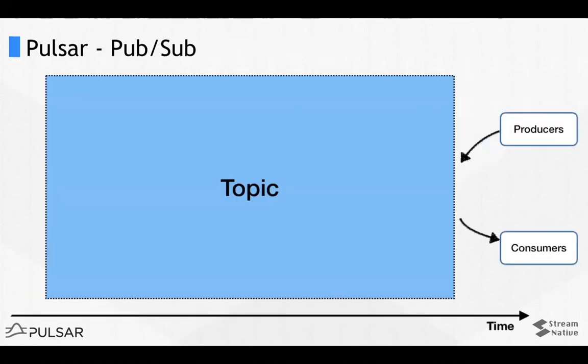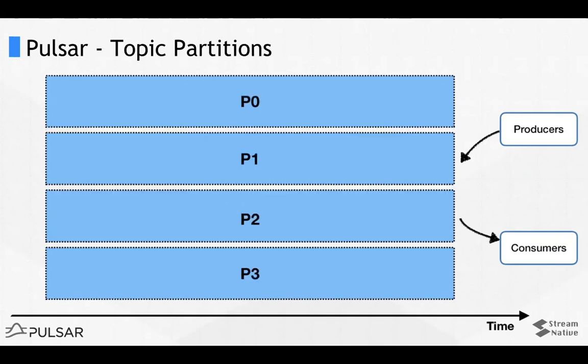Getting into a bit more detail about the concepts and model within Pulsar: you have a topic, which is the entity for storing all the messages. You have a producer producing data and consumers consuming the data. The topic is broken down into partitions, and you can have as many partitions as you want.